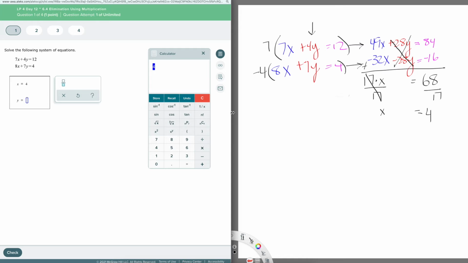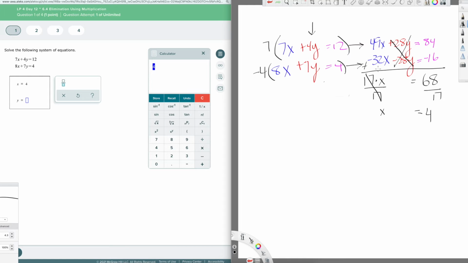So I know x equals 4. For y, I can go back to any of these equations. It doesn't matter if I use the originals or the ones that I multiplied by 7 or negative 4. But what I want to do is plug this x into something. So I want to substitute x with 4 because I know x equals 4. So I'm going to choose that second one there.